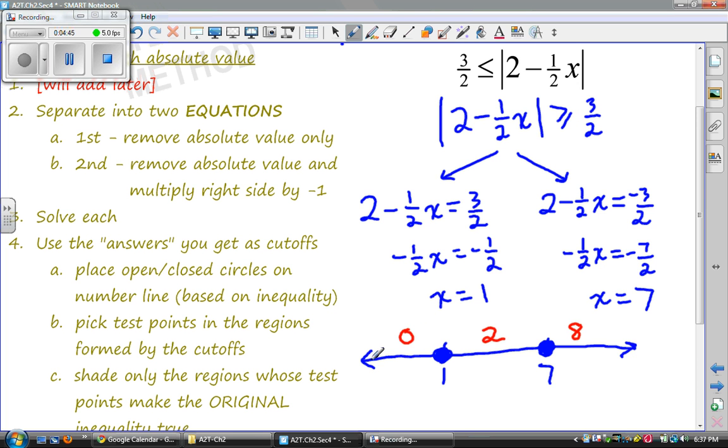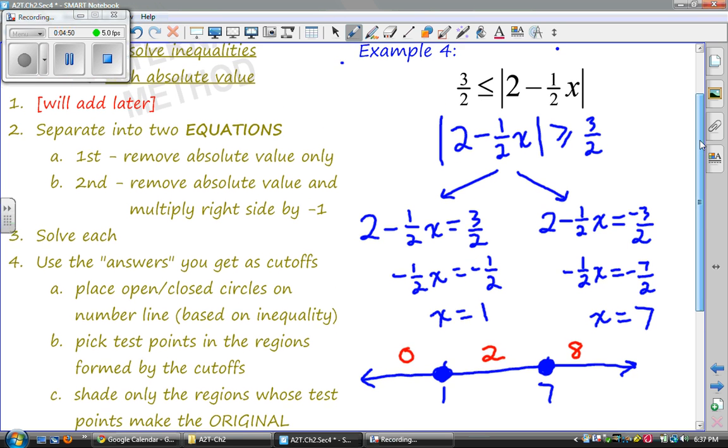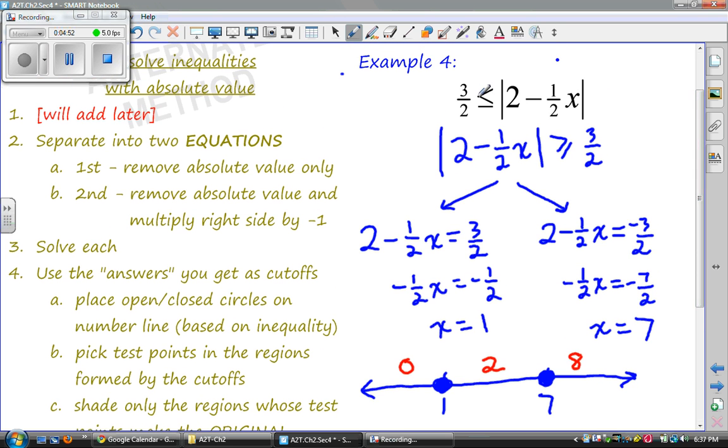So first, let's use this region on the left, the one that we picked 0 as a test point for. I'm going to plug it into this original problem. If it's true, I'm going to shade that region to the left of 1. So if I plug in 0, 3/2 stays 3/2. Is that less than or equal to, well, let's see.